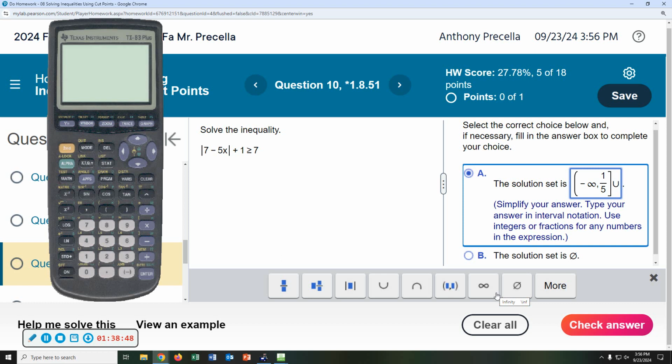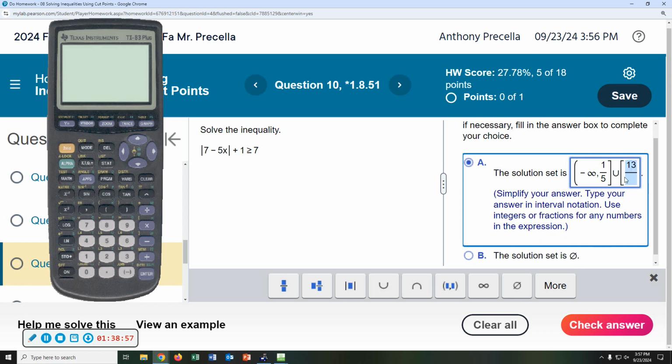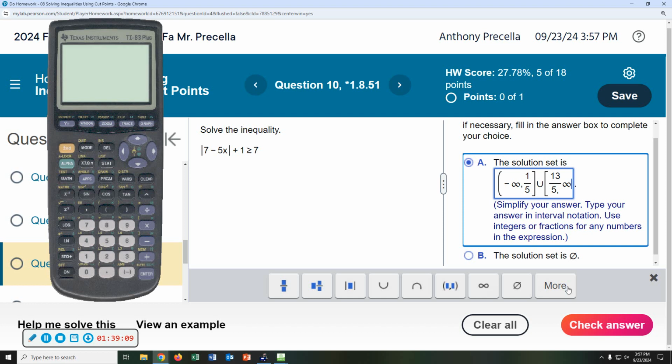Left bracket. 13/5. Oh my God, wait, 3. Okay, you're right. 13/5. Get out of the denominator before you put the comma. They're going to count it wrong if you do that and put the infinity in parentheses. Let's see what happens.